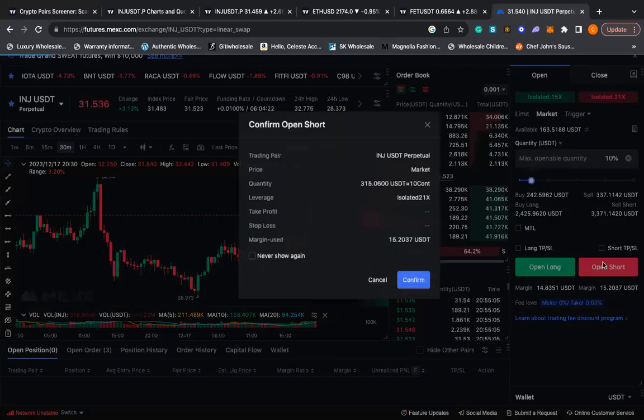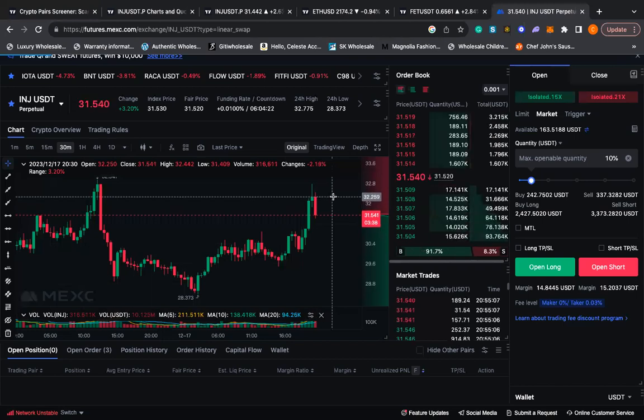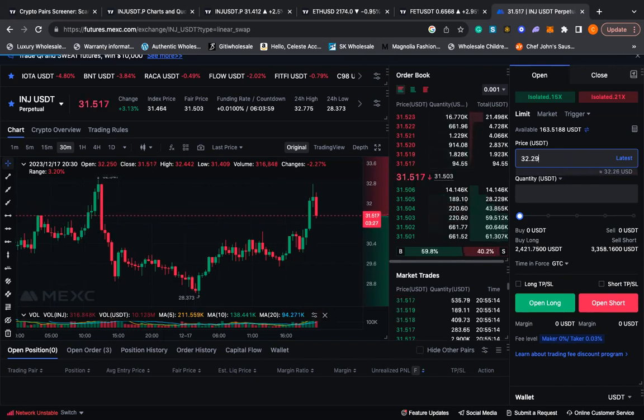Open short. And I will bounce off the top of this wick right here, or the base of this candle, 32.296, as a limit order.